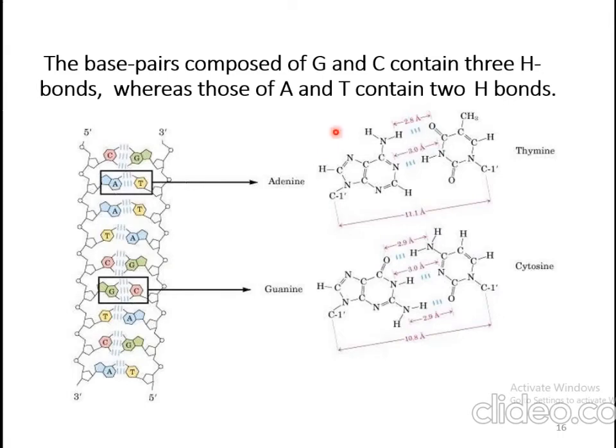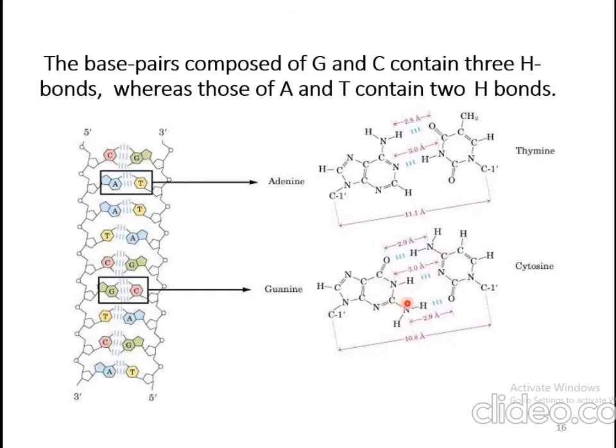The base pairs composed of G and C contain 3 hydrogen bonds, whereas those of A and T contain 2 hydrogen bonds. This is the adenine and thymine bonding, and this is the guanine and cytosine bonding, clearly in the structure. You can also see hydrogen bonding between carbon, nitrogen and oxygen.